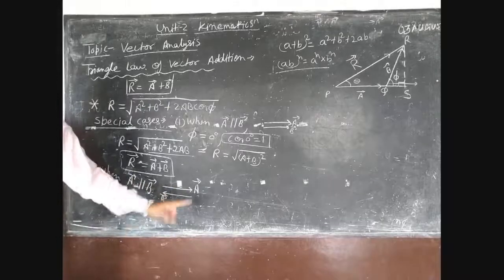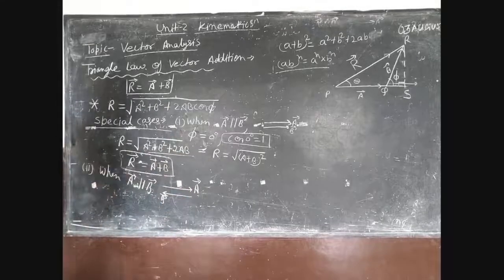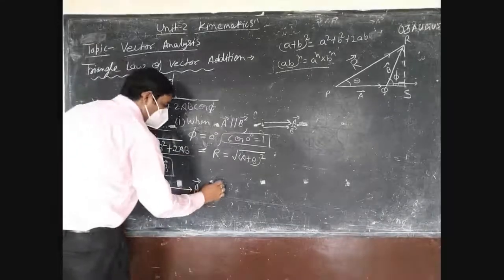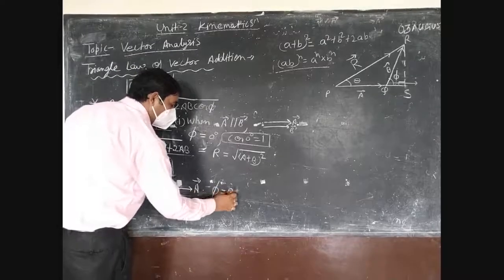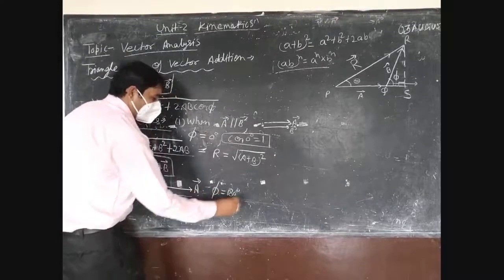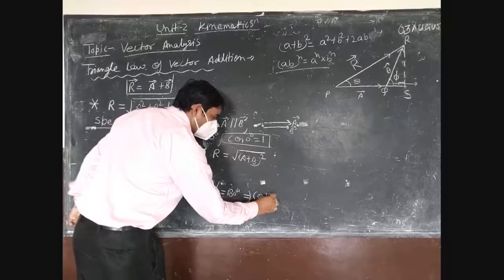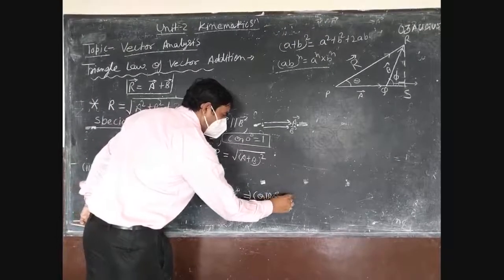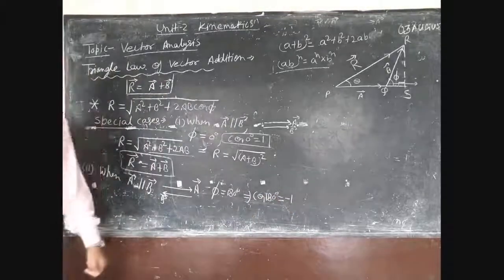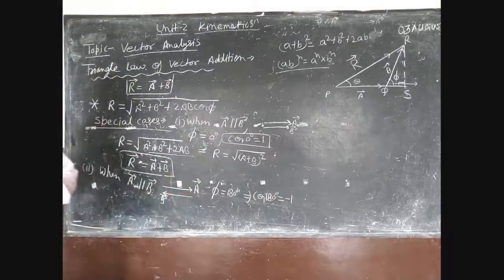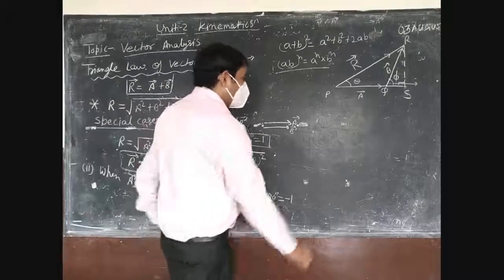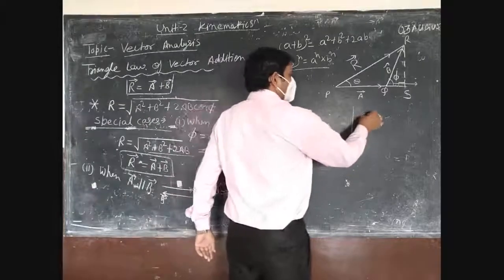Then the two vectors are said to be anti-parallel. In this case, phi is equal to 180 degree and you will get cos 180 degree equal to -1. I will just give you an explanation about why cos 180 is -1.